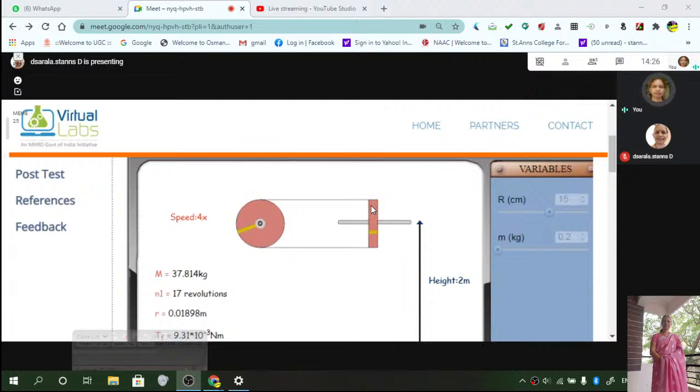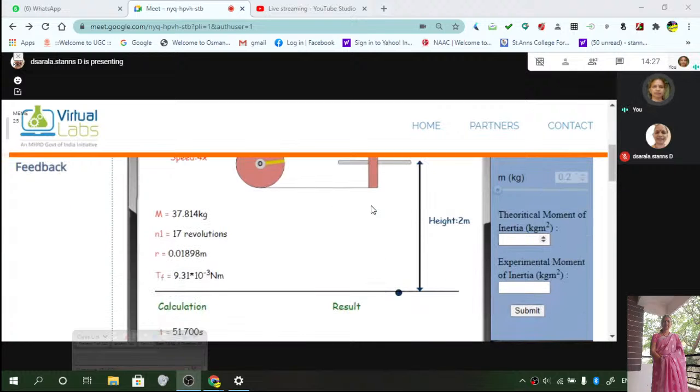After a certain time, slowly, you can see that the wheel is getting slowed down, and it has come to a stop now.